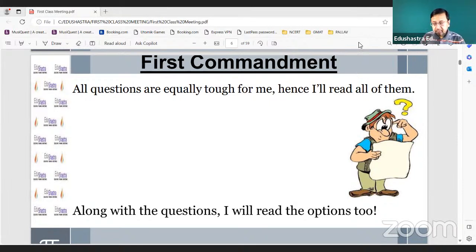But yes, magic will come when you do yours, right? I can just tell you the way, the methods, but what to apply, when to apply, and how to apply is your own individual judgment, your own individual decision, right? So this thing you have to practice a lot. Okay, so let's begin.